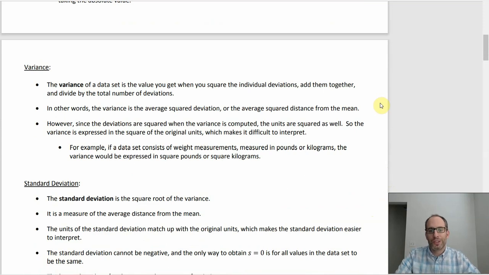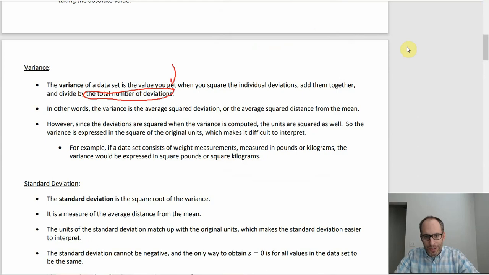So the variance is what you get when you square the individual deviations, add them together, and divide by, in theory, the total number of deviations, but not necessarily in practice. So I'm just going to put "in theory" up there, because the way that you actually do it is to compute the sample variance, you divide by n minus 1 instead of n.